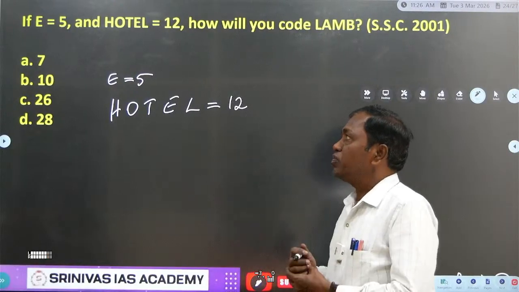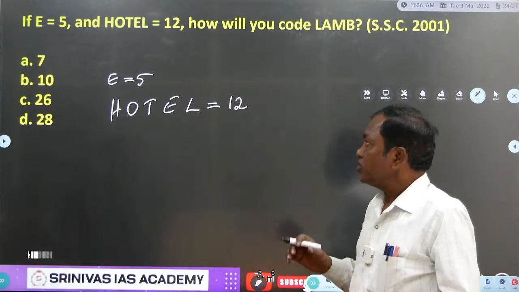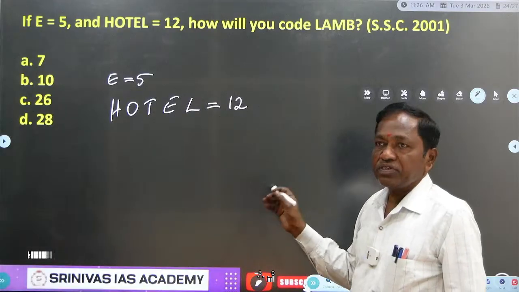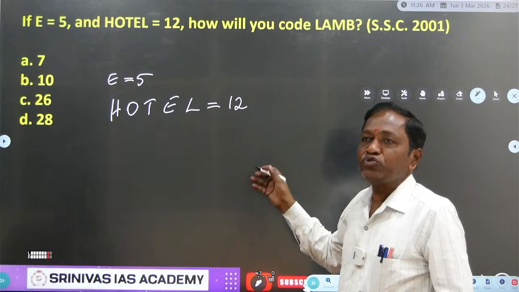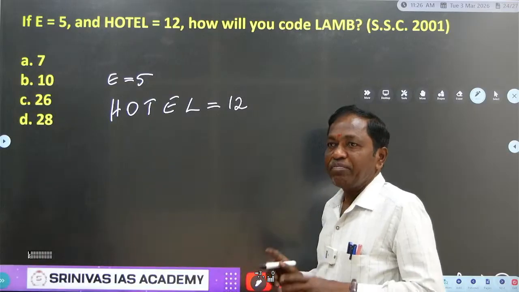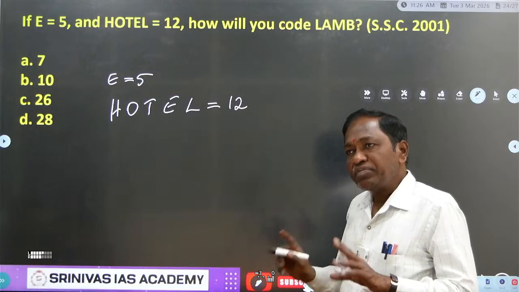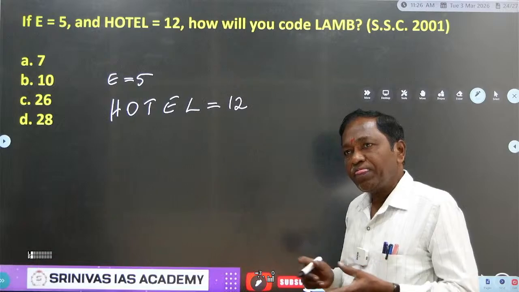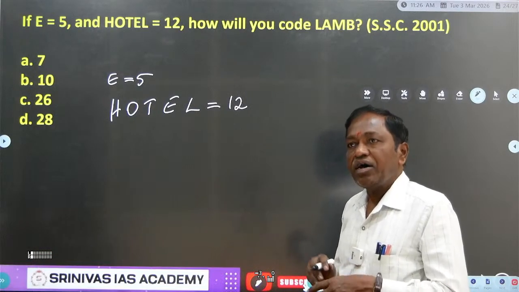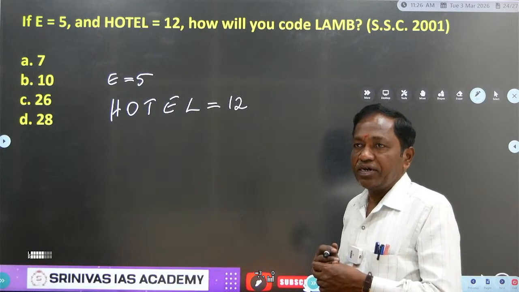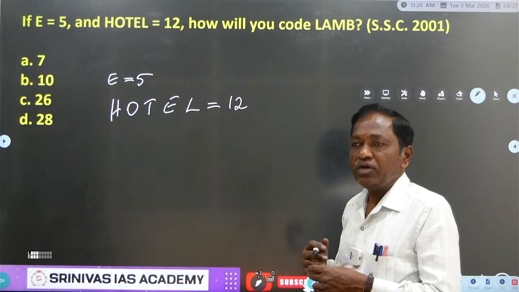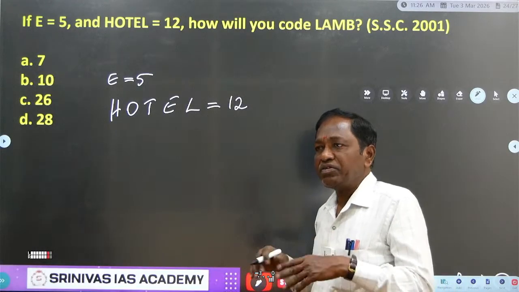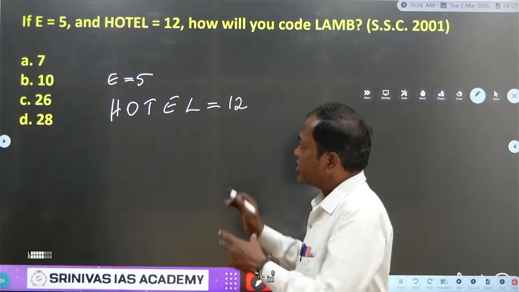If you look at the sum of the positions of the letters, 60, 70, 80 should come, but 12 is there. Maybe something has been subtracted from the positions of the letters, or some division might have taken place. We do not know. Let us see.